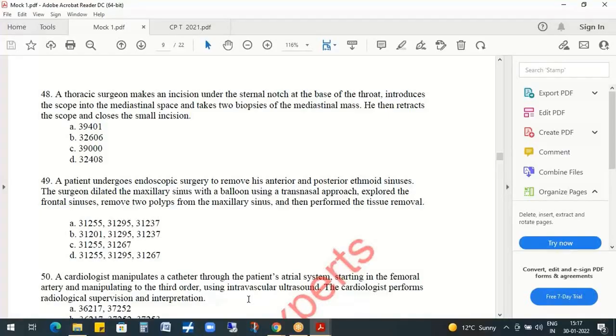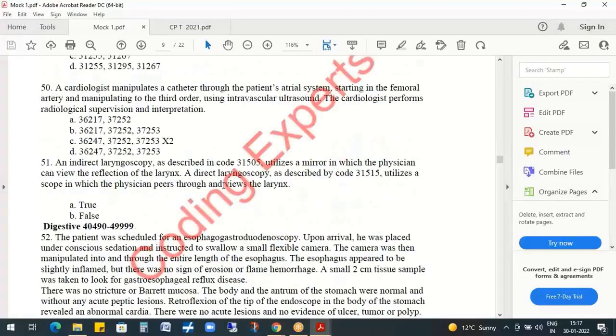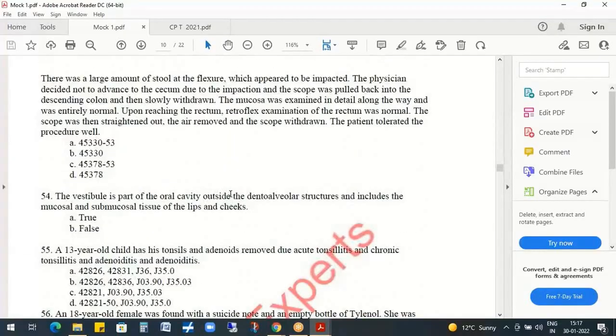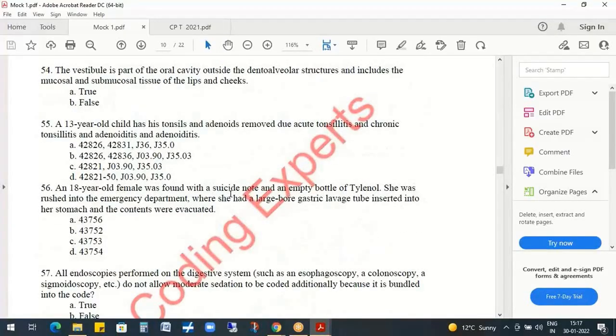Anything is there? Okay, 267 should not be reported with 31237. It is saying. Is there or not? Okay. This note is there. That's why we should not. We have to go for C. Yes. Up to 55. Up to 55.